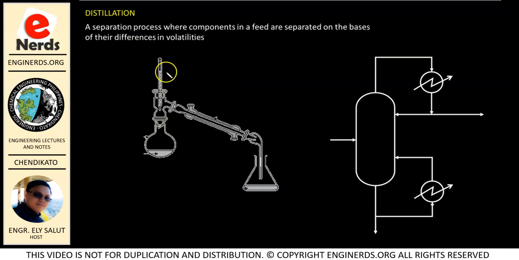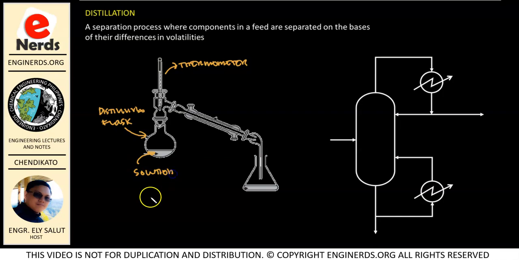So, we know that this is our thermometer. We have our distilling flask here. And it contains our solution that we're going to separate now. And then our condenser.